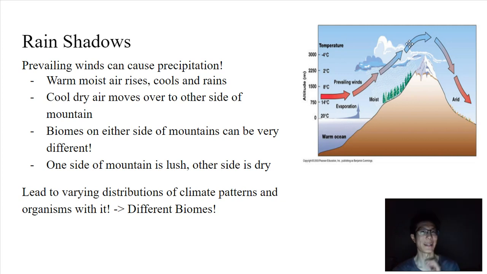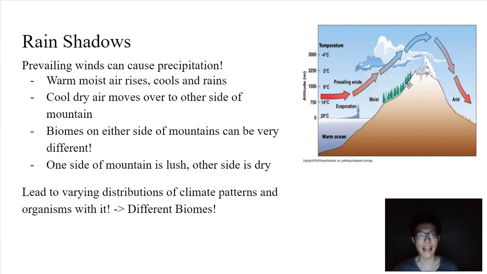What's really interesting is that this happens on the face of the mountain facing the ocean, and those clouds are going to form on the side of the mountain facing the ocean. Those clouds then ultimately condense. Cooler air can't hold moisture as well, and it's going to precipitate. It's going to come down as either rain or snow, some kind of precipitation.